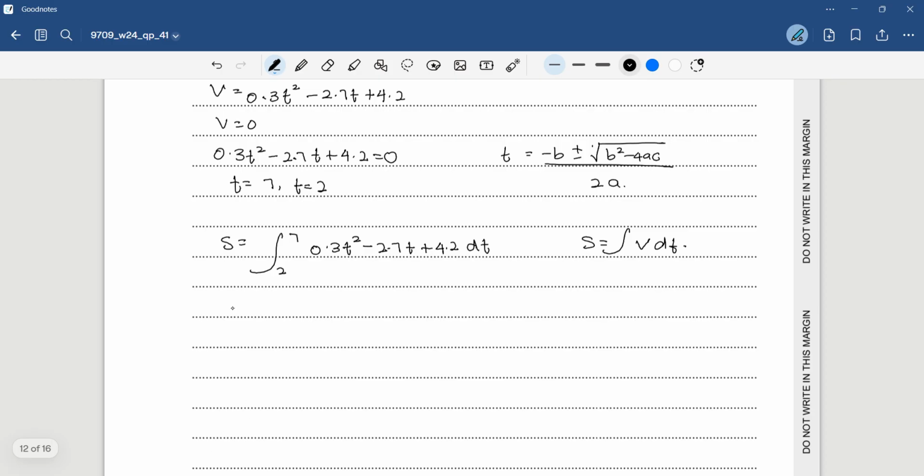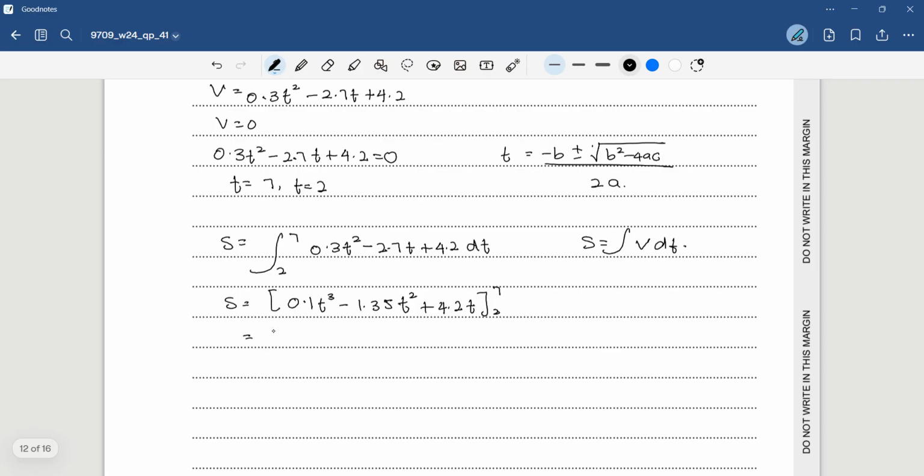So s is equal to 0.1t cubed minus 2.7 divided by 2, which is 1.35t squared, plus 4.2t, from 2 to 7.